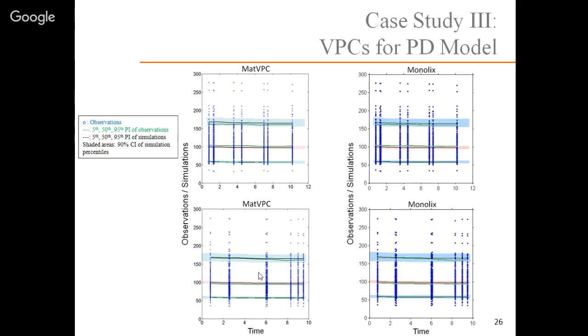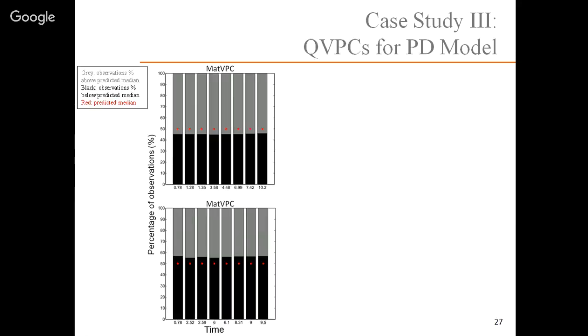In this case, we used Monolix to evaluate our model against another tool. And if one looks at Monolix and MatVPC results, they would see that the two results are identical. So this was a third study that we used with MatVPC to evaluate its functionality.